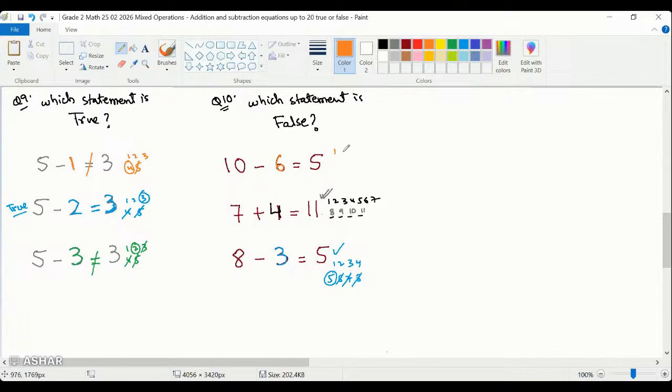If we have 10 numbers, 1 to 10, and we remove 6 numbers, we are left with 4. This is not equal. That means this statement is false. The remaining 2 statements would be true. Agreed? 10 minus 6 is not equals to 5. This is the false statement, whereas 7 plus 4 was 11 and 8 minus 3 was 5. Okay. Yes, thank you, May.